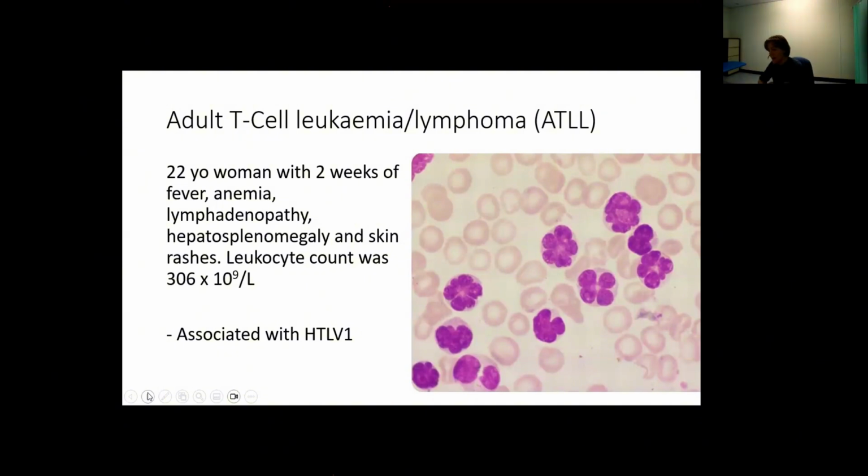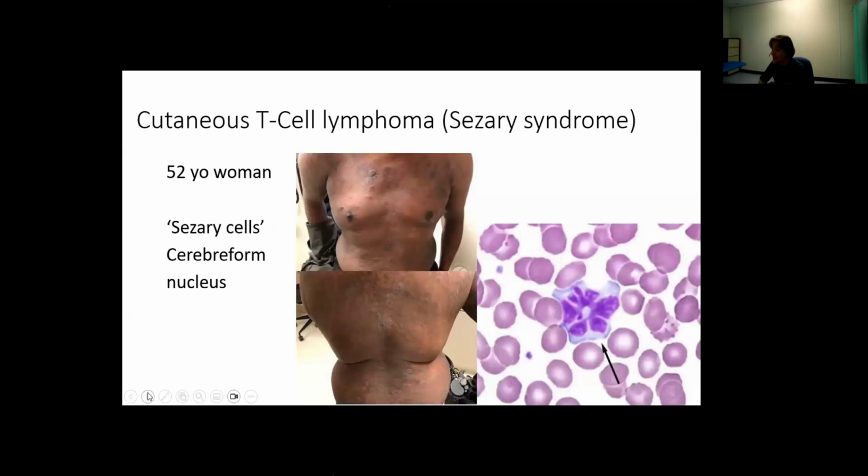And then by way of comparison, and I would say that the film I've got for this is not terribly good actually, but this is a cutaneous T-cell lymphoma, and you can see Sézary cells occasionally in the circulation with these patients. Now, Sézary cells, the nucleus is described as being cerebriform, or looking like a brain.